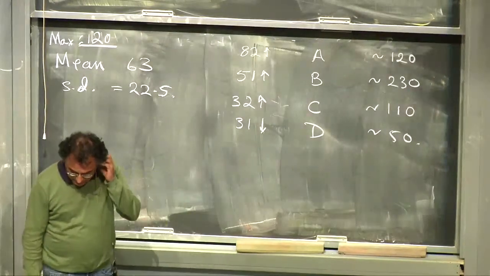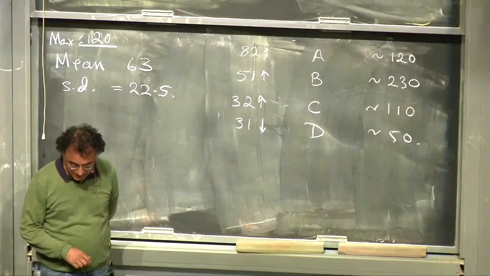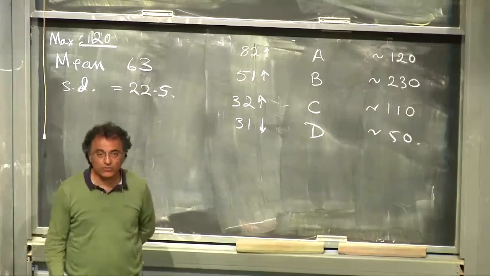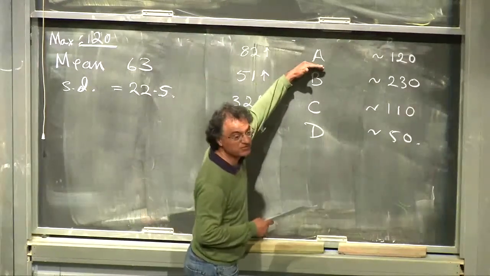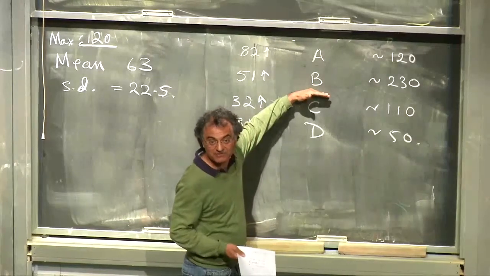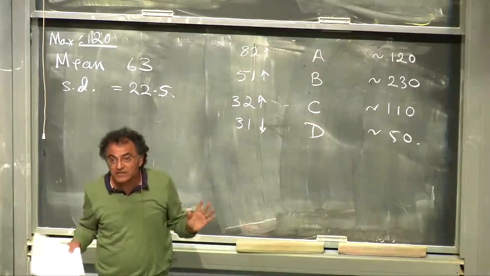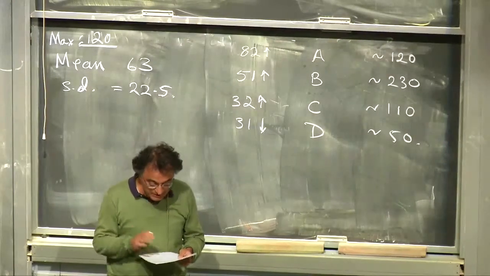Now, what does this mean in practical terms? Well, if you're in this group, you should feel extremely happy. If you're in this group, you should feel rather happy about where things are going. You're doing reasonably well, and obviously you can do better, and so on.